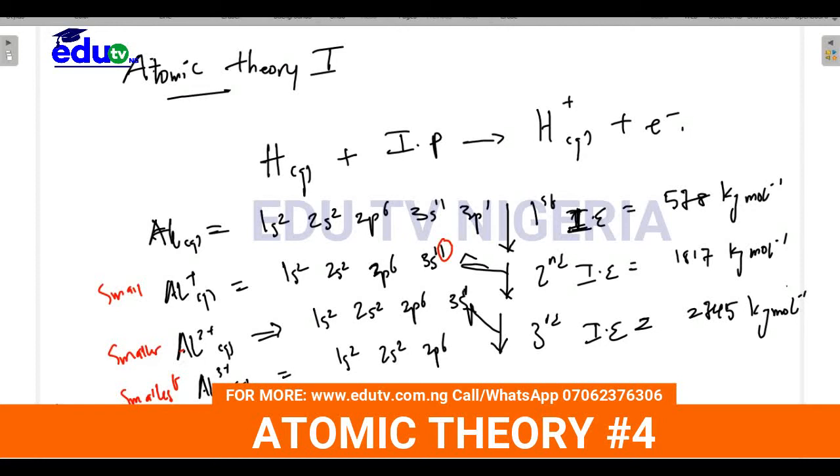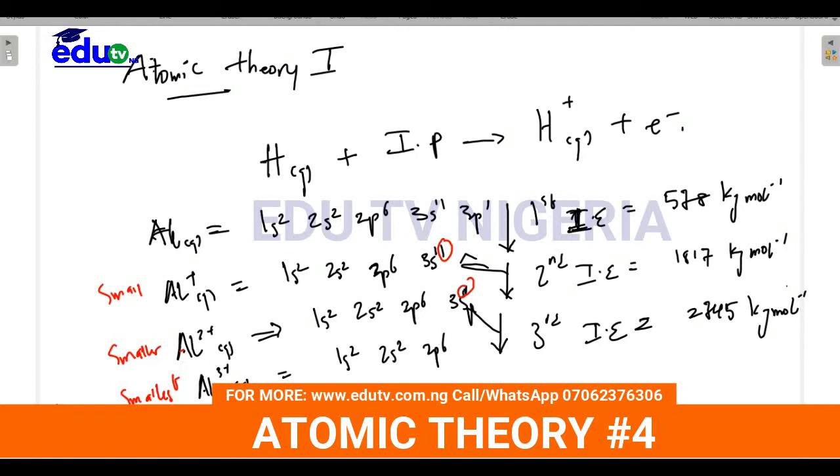You need three electrons here to be half filled, but it's one, so it's much easier to remove this electron from here than this. So the energy required to remove the most loosely held electron in the atomic shell of an orbital is called the ionization energy, in simpler terms.